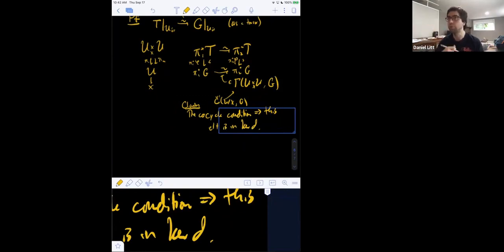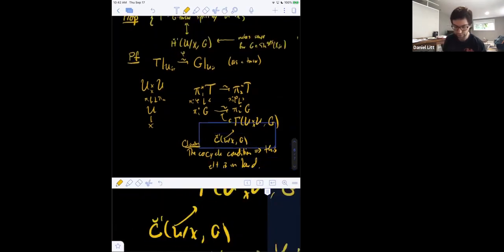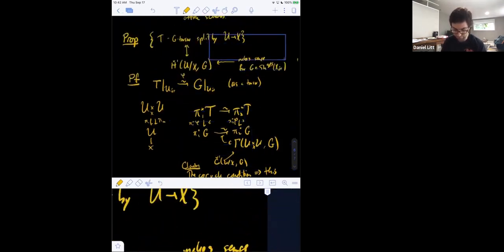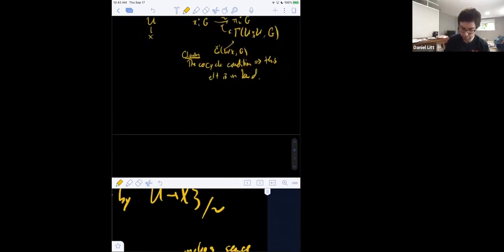Then you have to do a little bit more. This is about G torsors up to isomorphism. So you have to check that if two torsors are isomorphic, the cocycles you get differ by a coboundary. But I'm not going to do that. You should try that as an exercise.